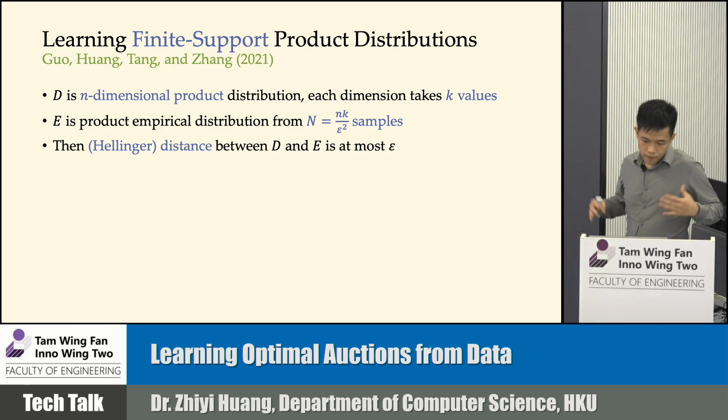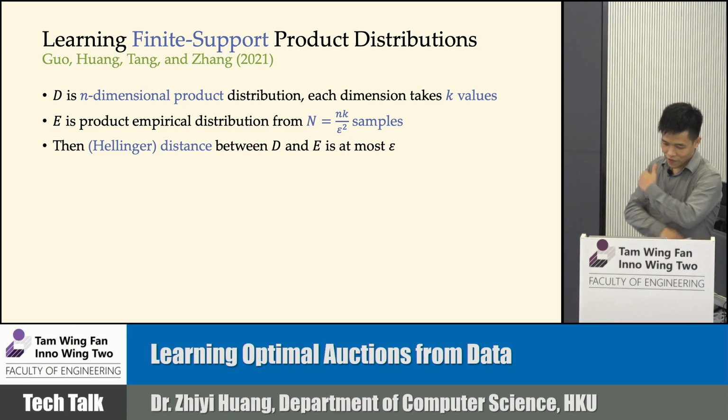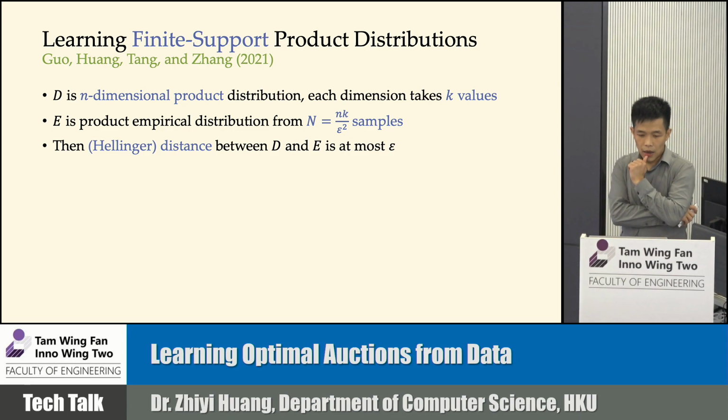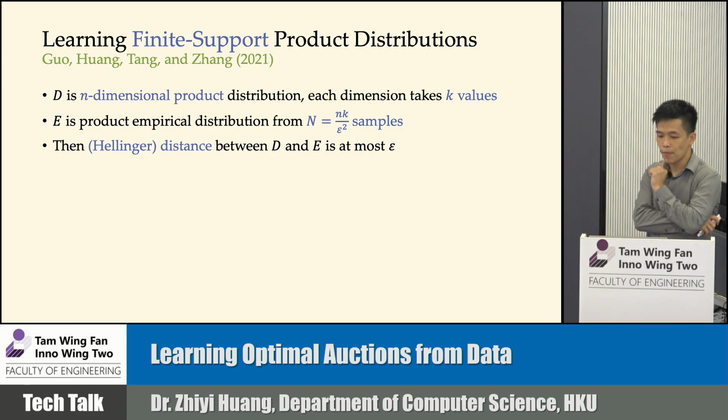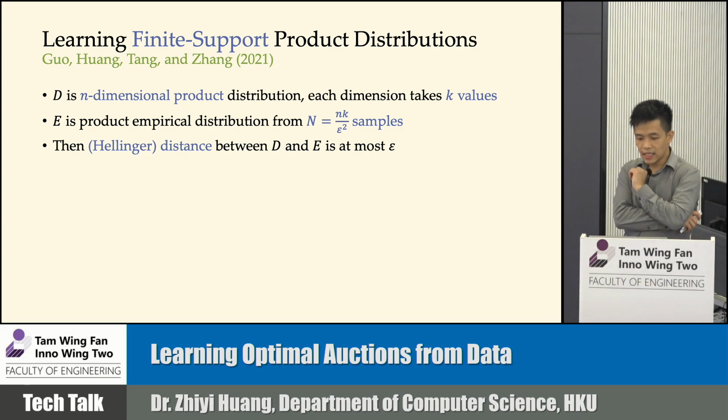Okay, I'm going to go through the next few slides a little bit quicker. Here's what we can say about learning product distributions. We know exactly how much data is necessary and sufficient for learning a product distribution accurately.